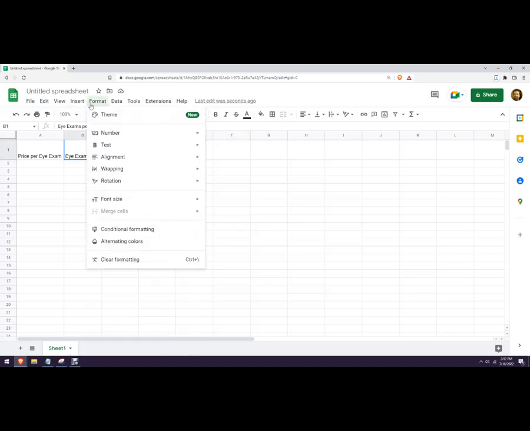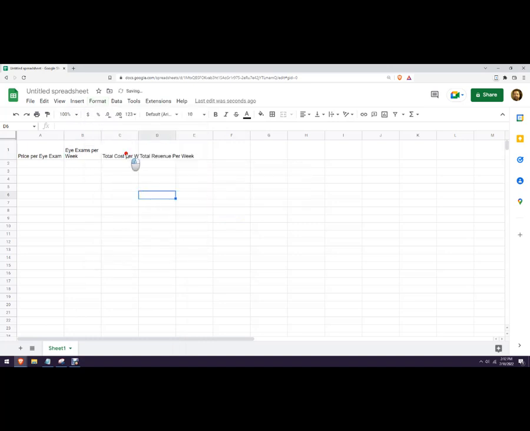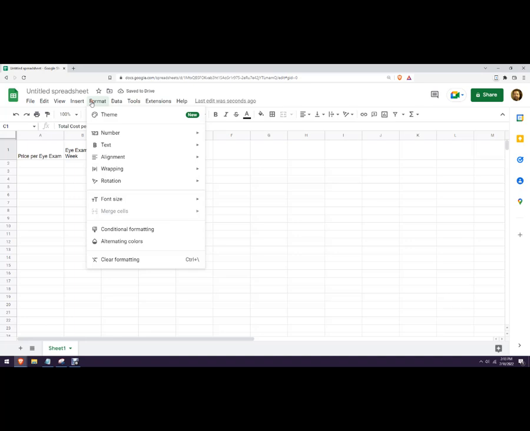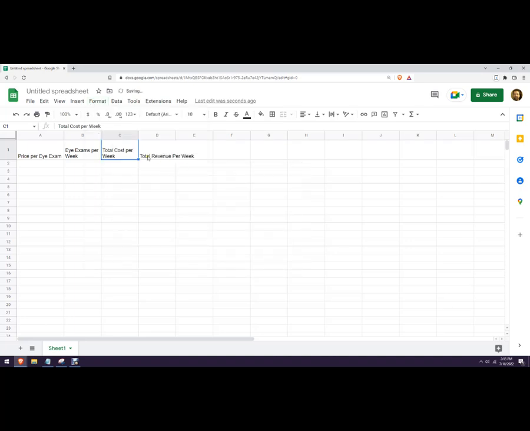Let's see, format should be wrapping right there. There we go. So it was under format, wrapping, and then we just want to wrap it. Now, if I don't want to keep doing that, I can just take this format painter here. It's going to take whatever formatting I have here, click it right there, and I've got that. I want that to be like that too.